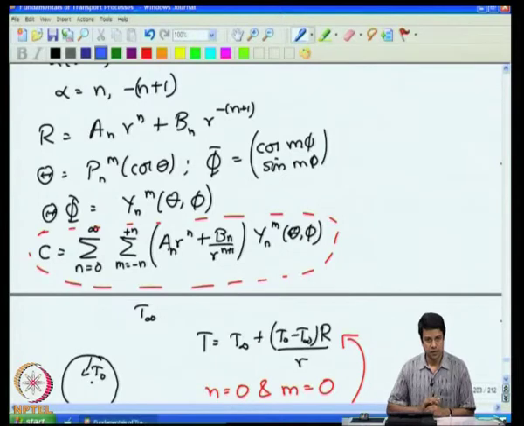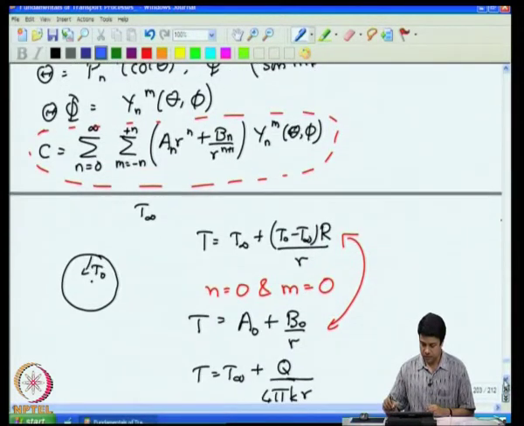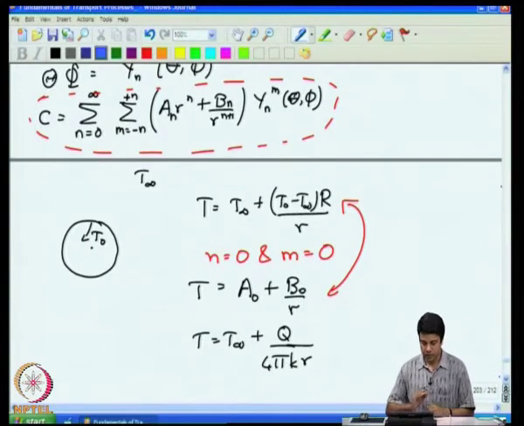For n equal to 0, Y_n^m is just 1. I showed you that the solution is identical to heat conduction from a spherical particle. The temperature field that you get is just the solution for n equal to 0, with the constants chosen in such a way that the boundary conditions both at 0 and at infinity are satisfied.